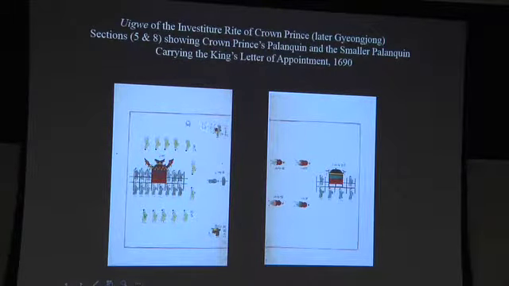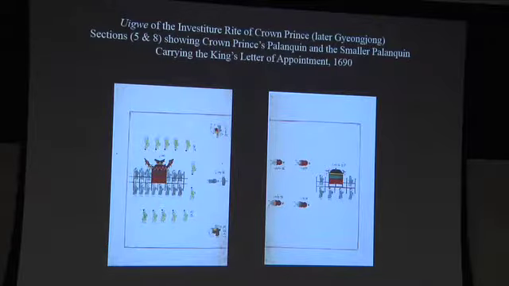So it explains how the ceremony of investiture is being performed, first of all, making all these ritual items and bringing them to the palace in this kind of procession.